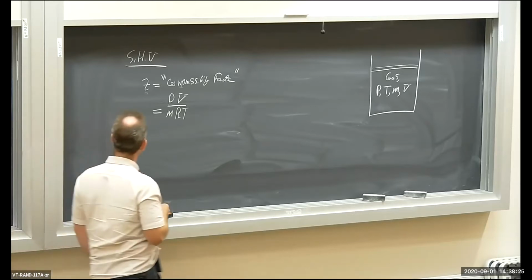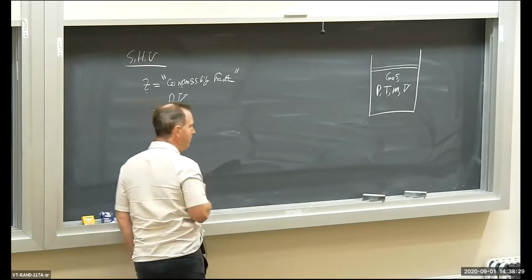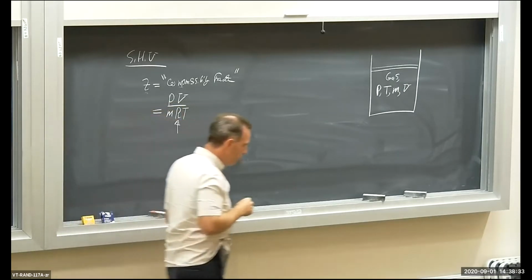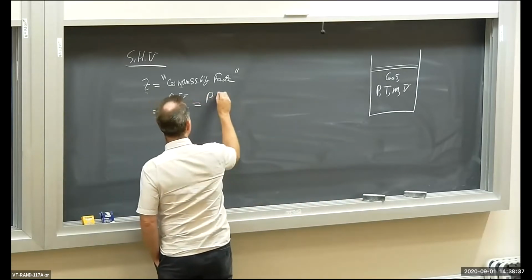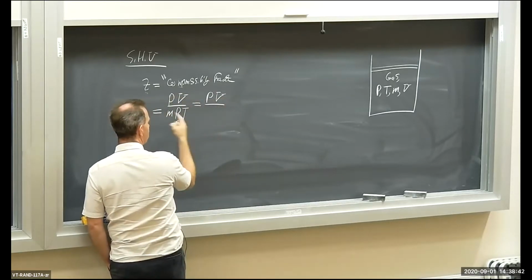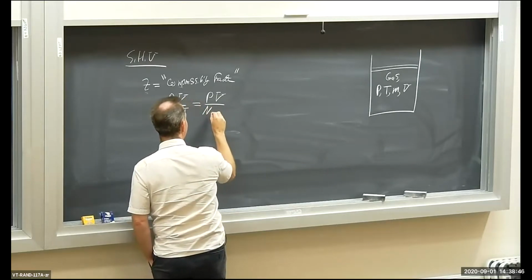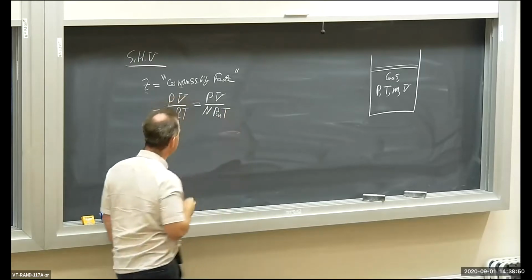First of all, before we start using any of this, I do want to point out what this R is. And actually, before we do that, there are two versions of this equation. There's pressure times volume equals mass times a gas constant times temperature. We also have the number of moles, N, times a universal gas constant, R, times temperature.